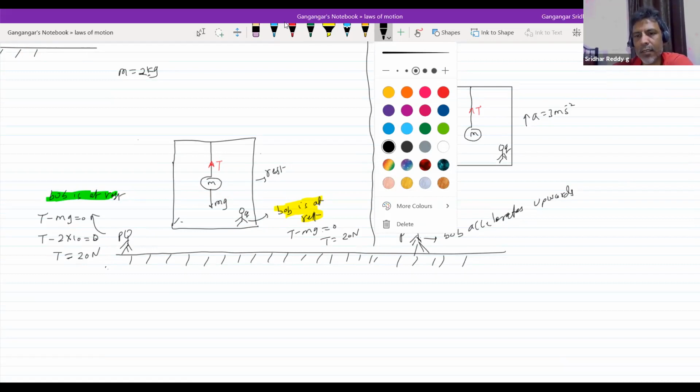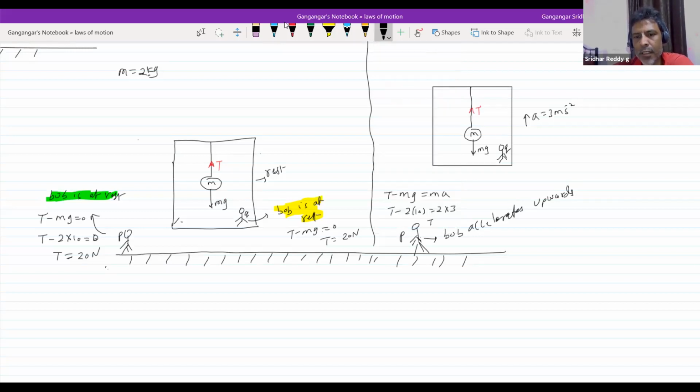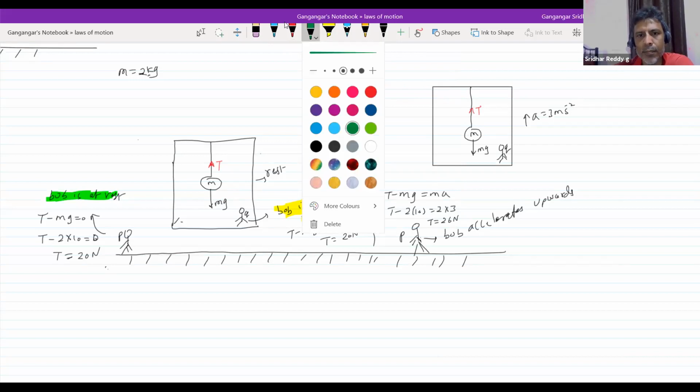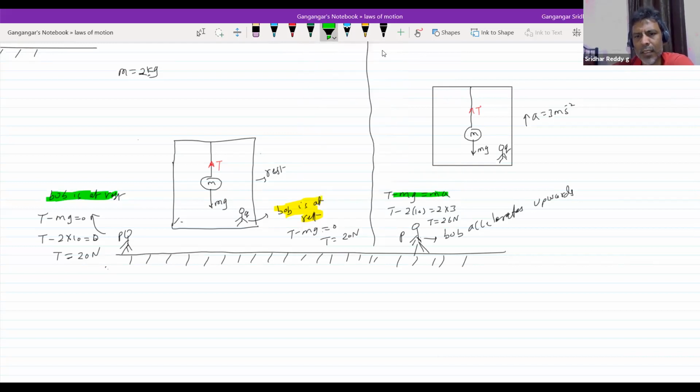T minus mg equals ma, T minus 2 into 10 equals 2 into 3. So how much is the tension? 26 Newton. Very simple. Just make the observation here. Bob accelerates upward, and how much tension will you measure? 26 Newton. So there's no problem with him.